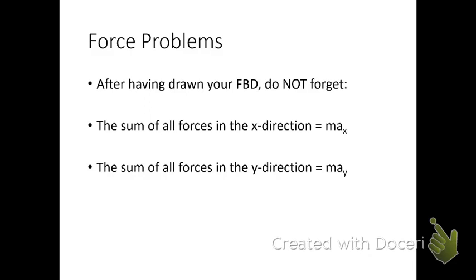So the acceleration in the x only, acceleration in the y only. If you have a problem where something is on the ground and it's accelerating forward, but it's not leaving the ground, then I can set the sum of my y forces equal to 0, because it's not accelerating in the y direction, it's only accelerating horizontally.